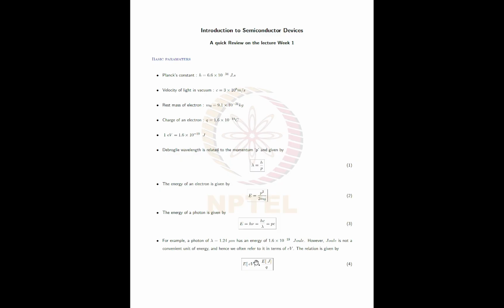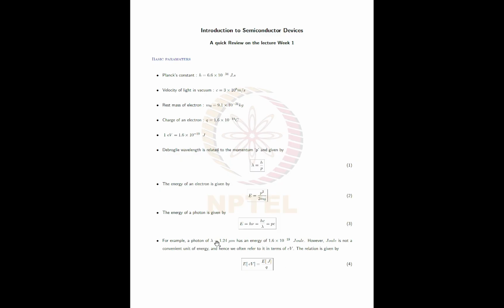To calculate eV, you just have to divide the joules value by the charge value, 1.6 into 10 to the power minus 19 coulombs. So 1.6 into 10 to the power minus 19 joules will be equal to 1 electron volt.